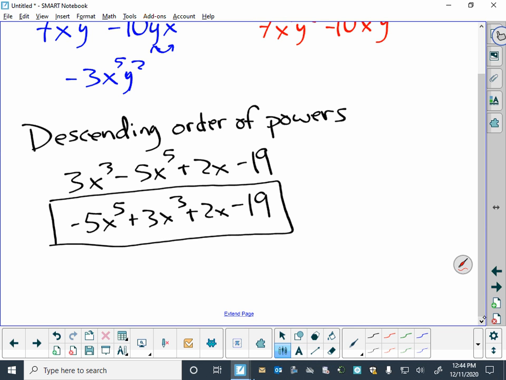This becomes what we refer to as the leading term. So the leading term is the whole thing, negative 5x to the 5th, and the negative 5 is the leading coefficient.